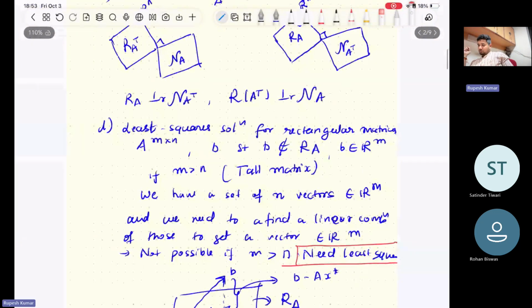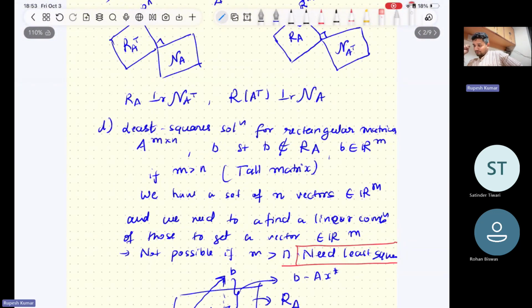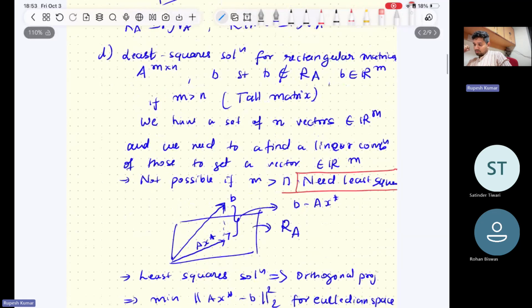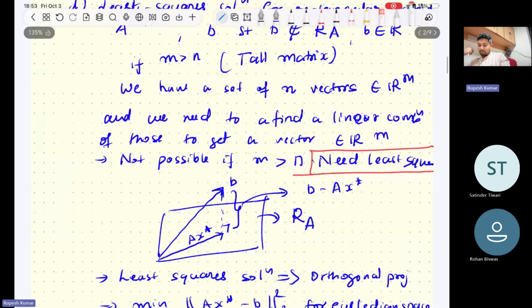Now let's move on to the least square solution for rectangular matrices, where you have a tall matrix. Let's consider the tall matrix case first. We already saw this. Let's say you want to span the space Rm using only n linearly independent vectors. Then you can either get the solution or not, depending on the value of b.